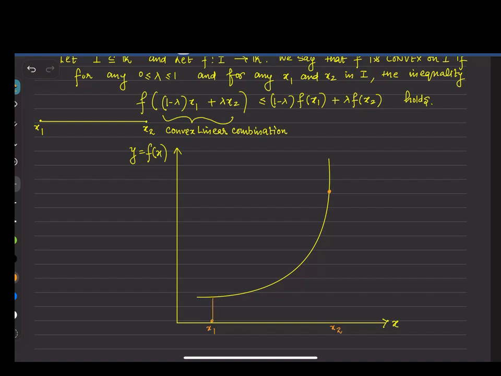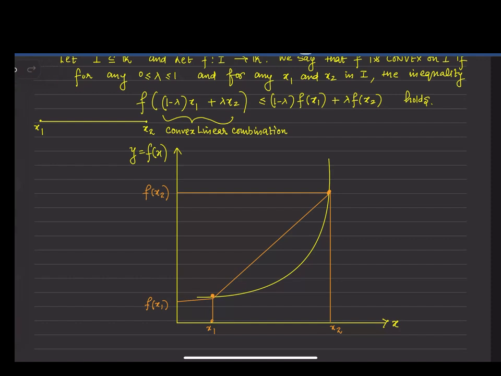So you have this height, which is f at x1, and this height, which is f at x2. Now take these points on the curve and join them by a line segment.